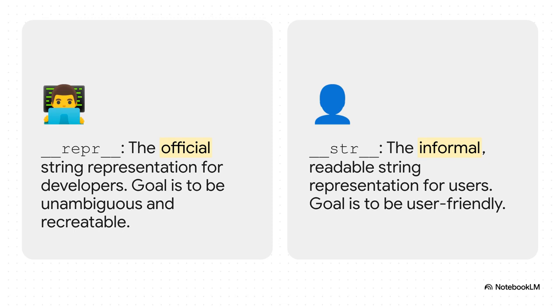So Python gives us two tools to fix this. The first one is __repr__, which stands for representation. Its goal is to give you, the developer, an unambiguous string, ideally something you could copy and paste back into your code to recreate that exact object. The second one is __str__, and its goal is to be user-friendly, to give a nice, clean, readable output for the end user.